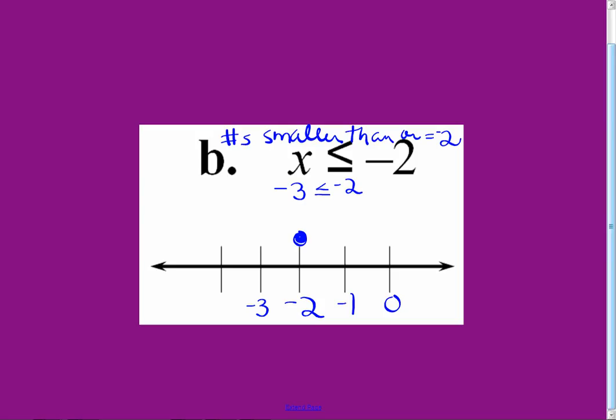What would be an easier number maybe to test? 0. Is 0 smaller than negative 2? No, it's not. So I can't shade this side. This is a boundary. The right side will be shaded or the left. We know that negative 3 is smaller than that, so it goes that way. And that's all there is.